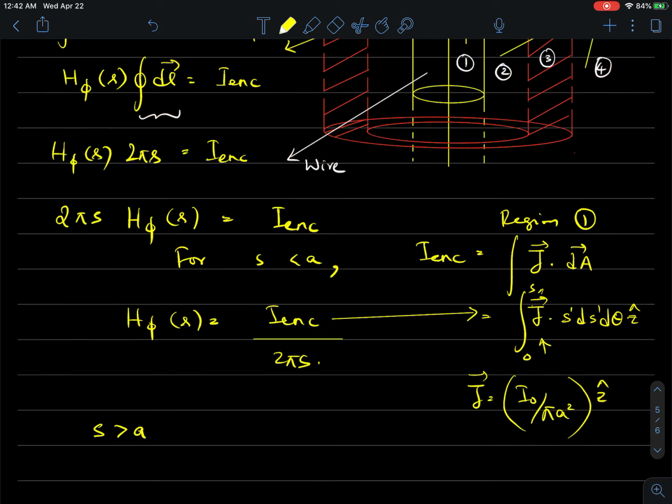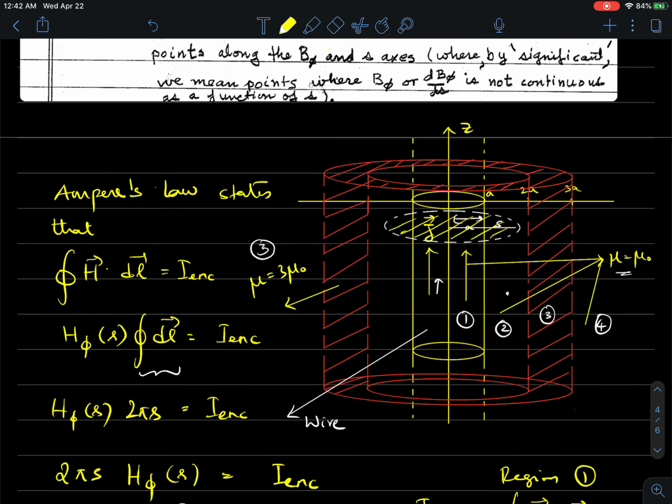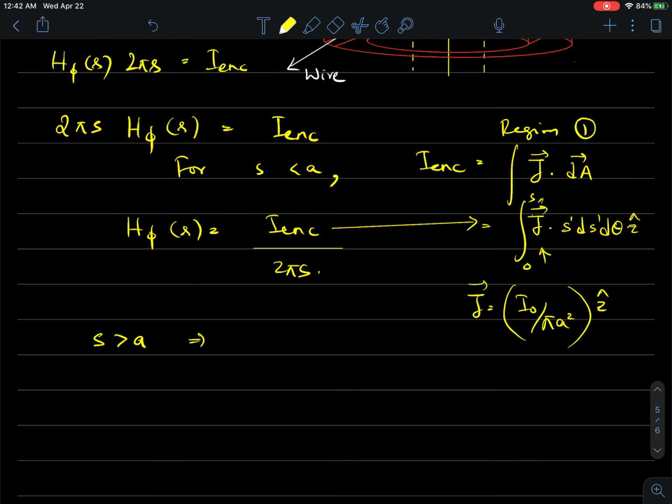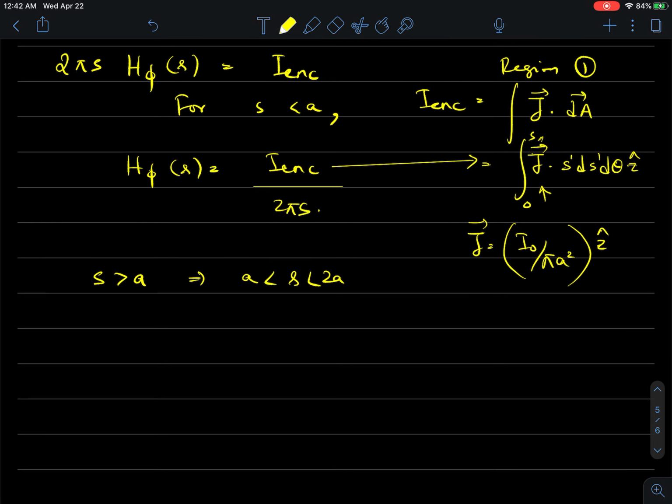Now when s is greater than a, the next region is when s is between a and 2a, and then the third region is when s is between 2a and 3a. In both of these cases, H phi of s is again equal to I enclosed divided by 2 pi s.